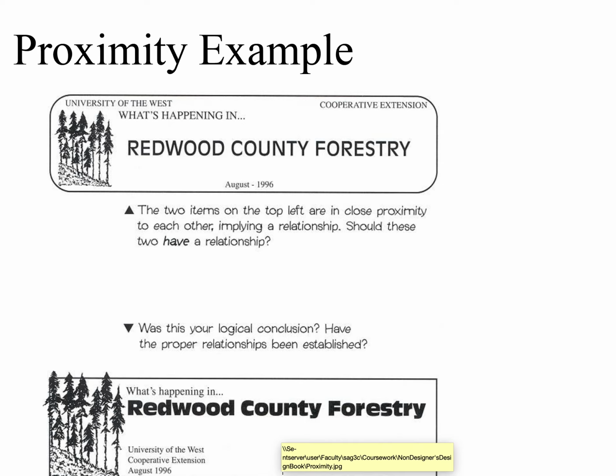So at the bottom here, this is an example of a redesign. What's happening in Redwood County Forestry has been rearranged so that its proximity is close to one another, and the same with University of the West and cooperative extension.